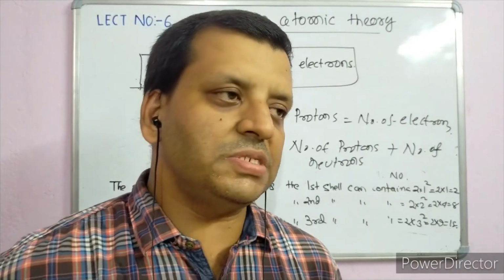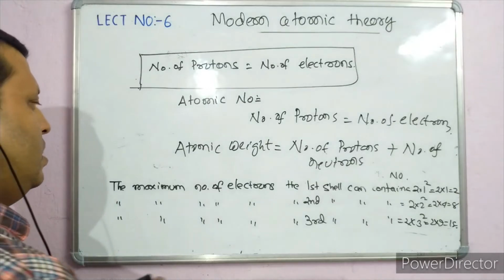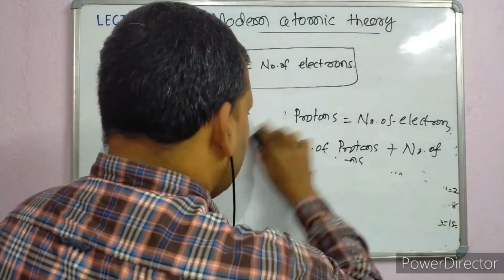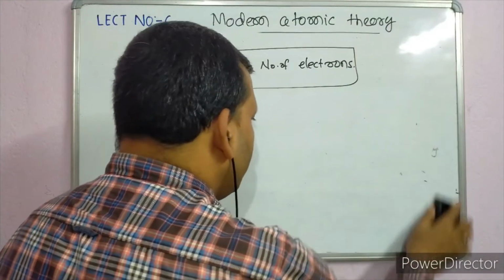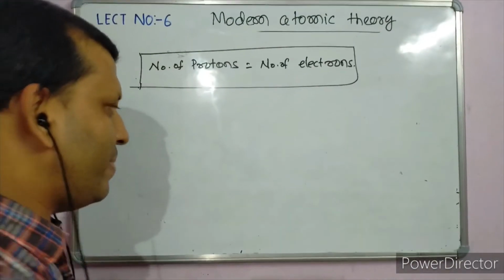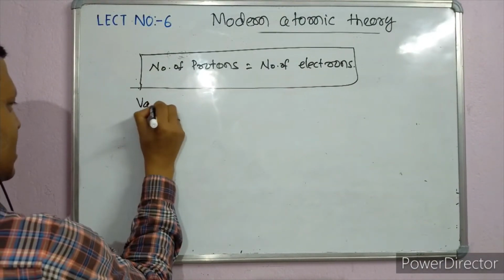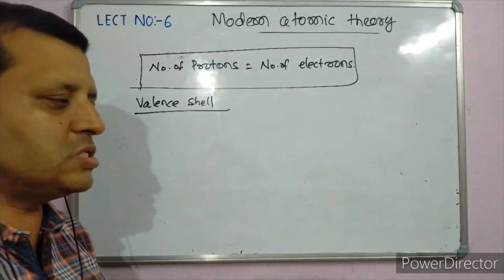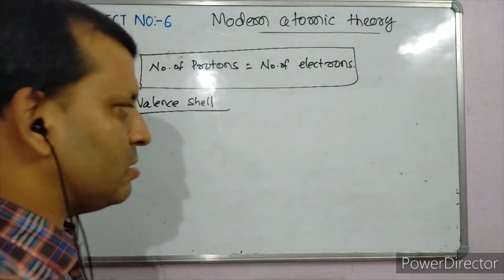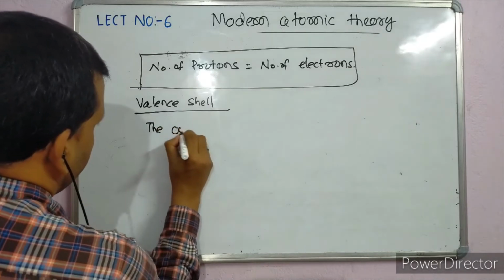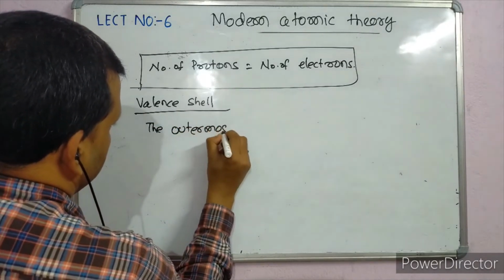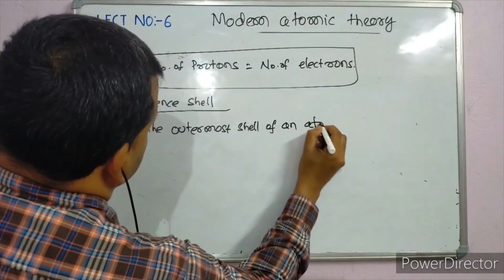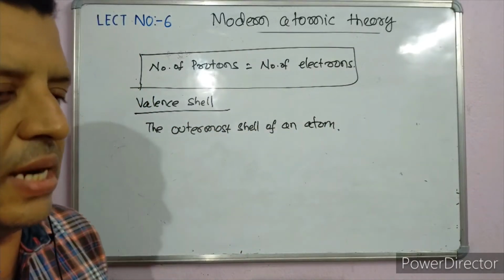Then there comes the concept of valence electrons. We have already studied that there can be a number of shells. So first, what is our valence shell? Let us study about the valence shell. The outermost shell of an atom, or the last shell of an atom, is known as the valence shell.